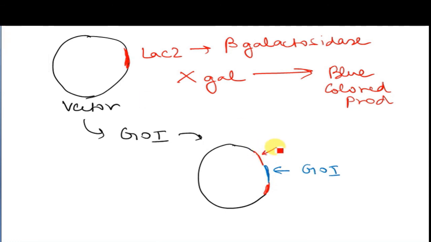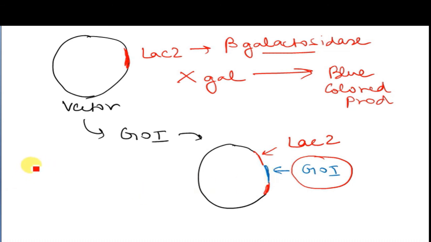The function of LAC-Z gene I have already told you, for synthesis of beta galactosidase. Now if you look closely, you would see that this gene of interest is making this LAC-Z gene non-functional. Why non-functional? Because it is getting attached in between the LAC-Z gene, so the LAC-Z gene would not be able to make beta galactosidase if the gene of interest has been attached here.